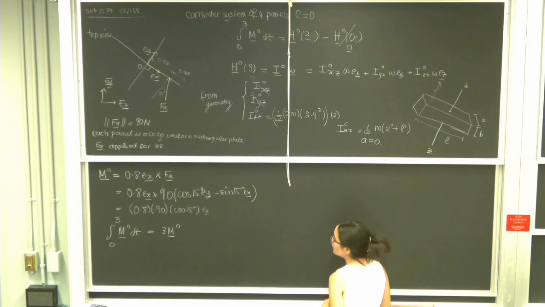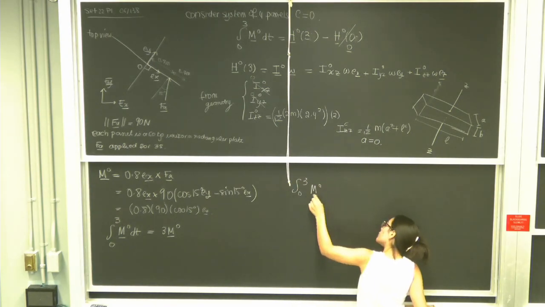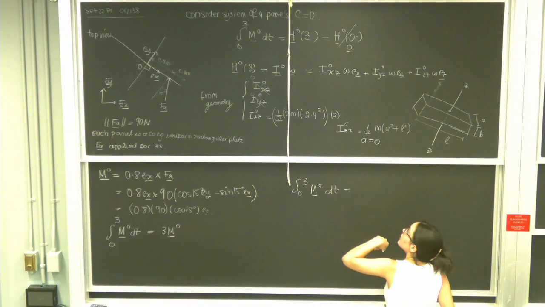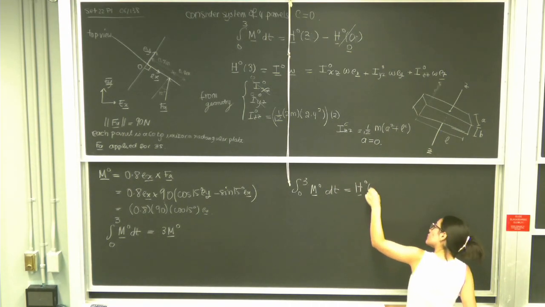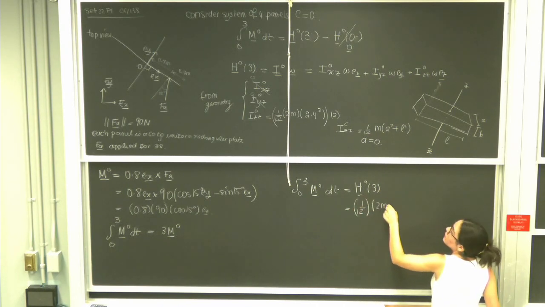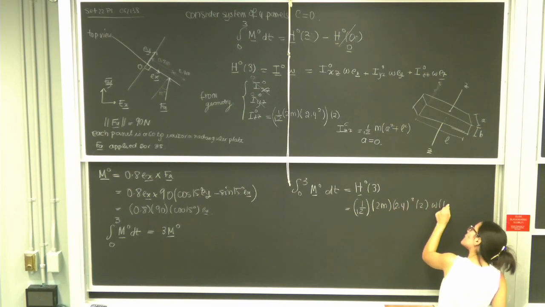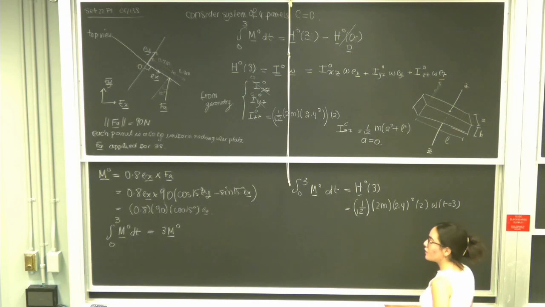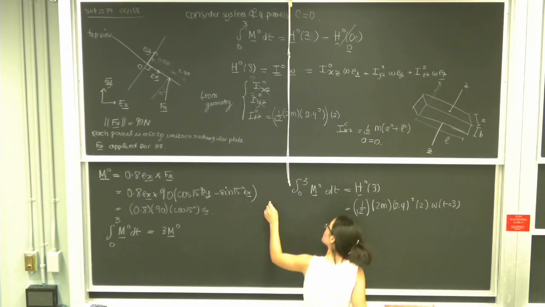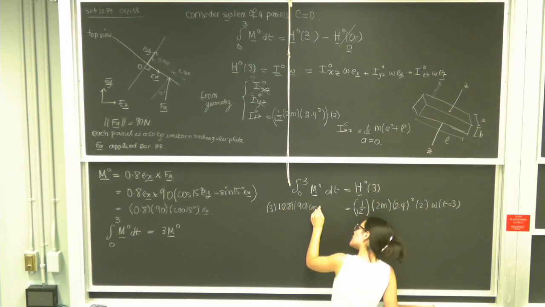So plugging back everything into the equation, the integral from 0 to 3 of MO dt is HO at t equals 3, so that's 1 over 12, 2m, 2.4 squared times 2 omega at t equals 3, and then the integral of MO is 3 times 0.8 times 90 cosine 15 degrees.